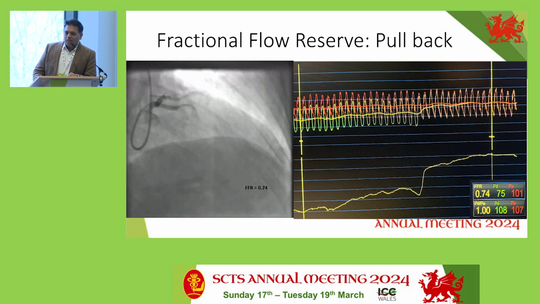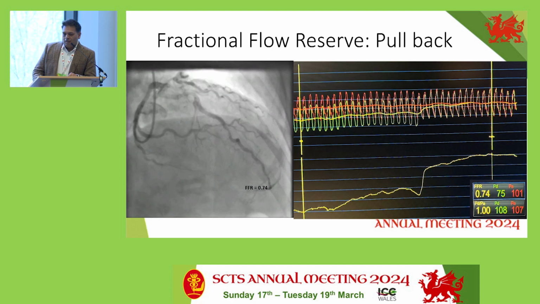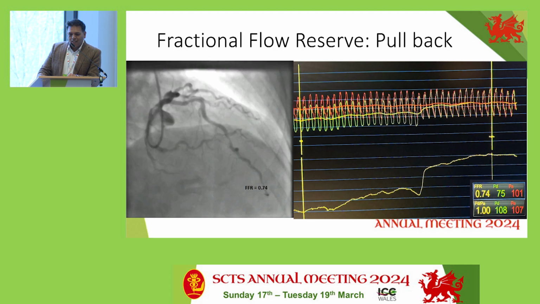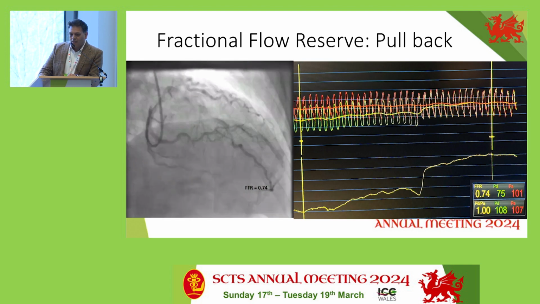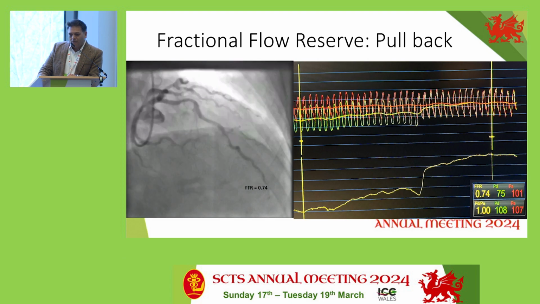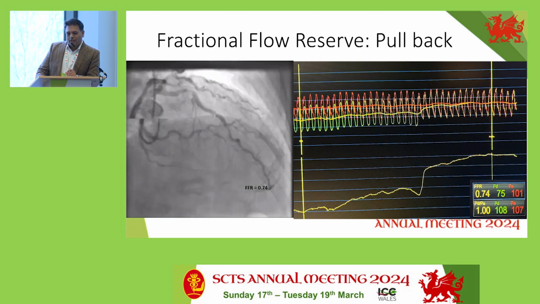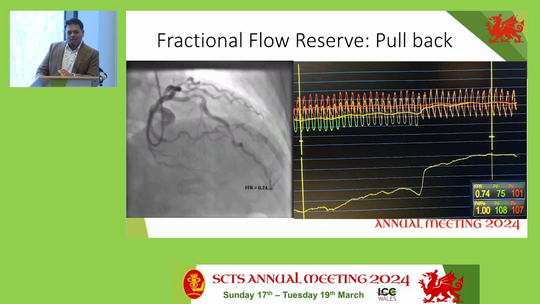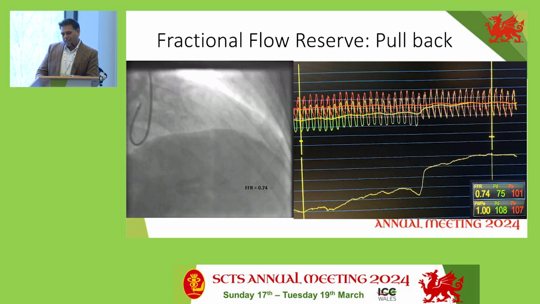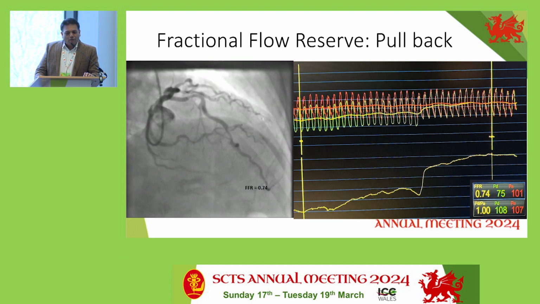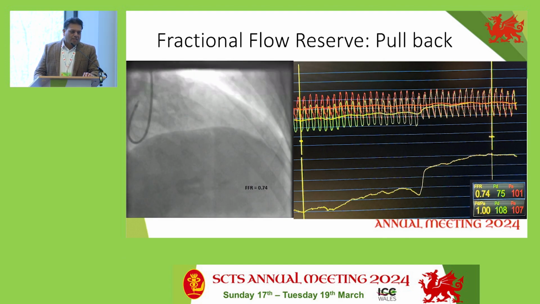But interestingly, in the LAD, this is the pullback gradient of the lesions in the LAD. Although the distal LAD lesion looks significantly worse than the mid-LAD lesion, what you find is that the acute step is at the stage when the wire is in between the mid and the proximal LAD, suggesting that the proximal LAD is very much significant as compared to the distal LAD, although angiographically it looks like the distal LAD is significant.